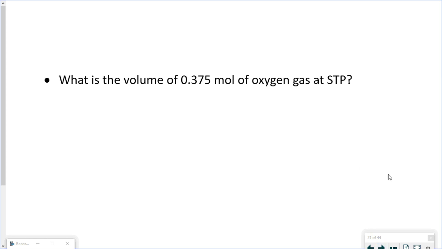So here's an example problem: what is the volume of 0.375 moles of oxygen gas at STP? Volume tends to be the easiest conversion to do out of the three we've done. So remember, you're always going to start with whatever's given. So we're going to start with the 0.375 moles.